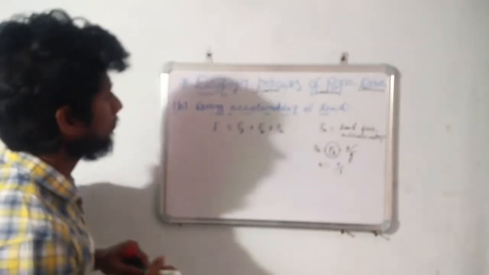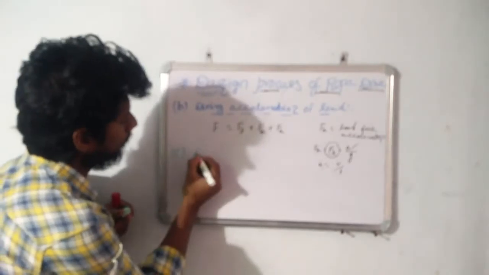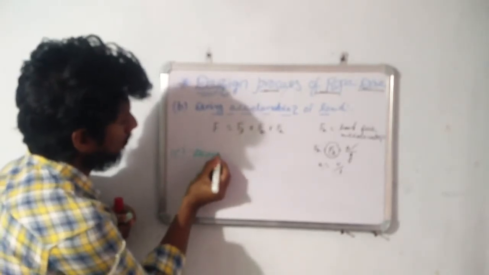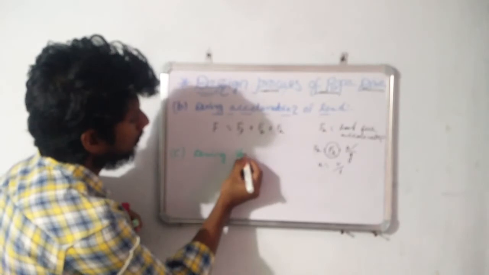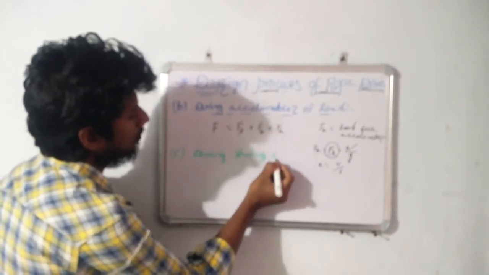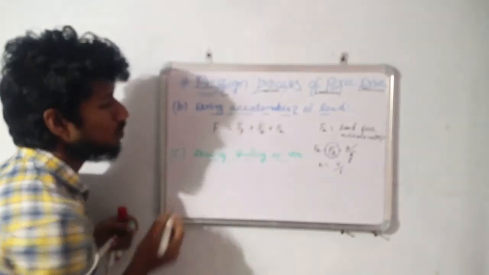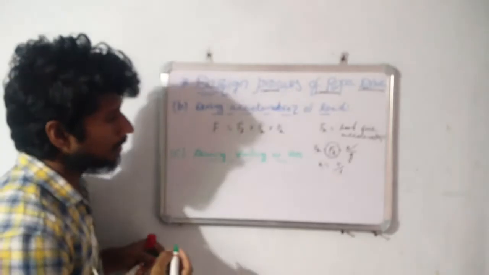Go to the next step, that is, during starting condition. During starting of the rope, what is the load acting here?